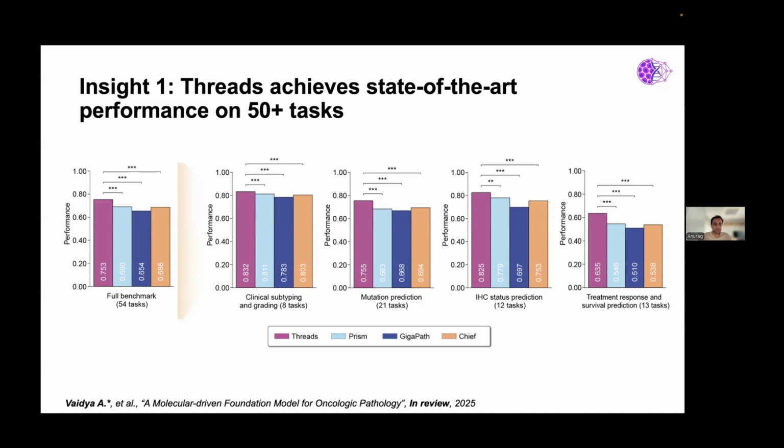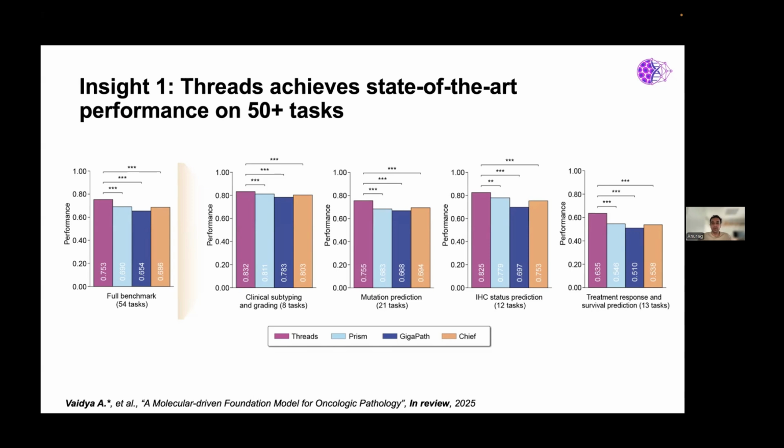stage 2 model. We compared Threads with three other slide encoders, which have recently been introduced to the field, namely Prism, GigaPath, and Chief. And all of them have their nuances. So Prism encodes slides, but uses language as a guidance rather than the transcriptome.